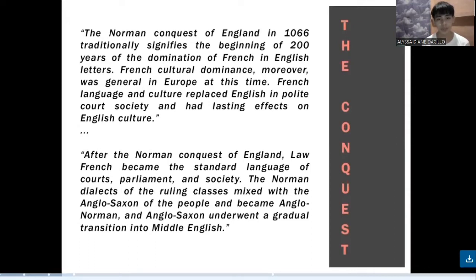After the Norman conquest of England, Law French became the standard language of courts, parliament, and society. The Norman dialects of the ruling classes mixed with the Anglo-Saxon of the people and became Anglo-Norman, and Anglo-Saxon underwent a gradual transition into Middle English.